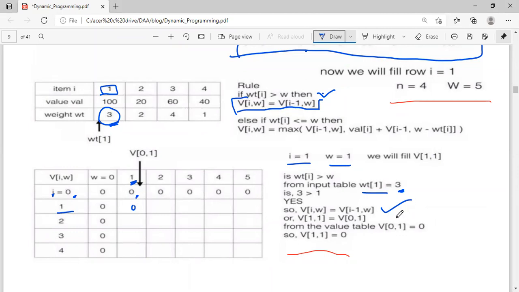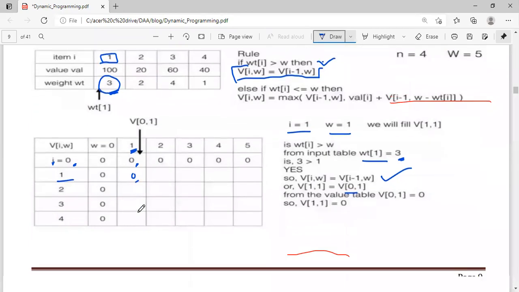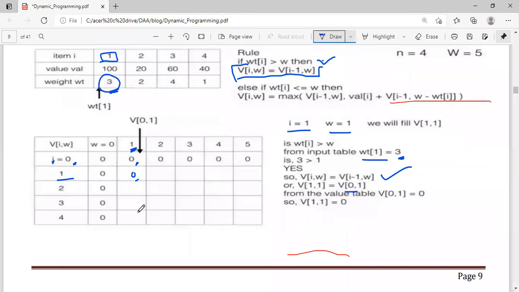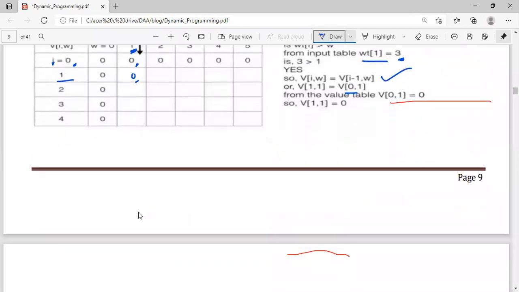So V of 1 comma 1 is equal to 0. We added 0 here. I hope you understand. When we go next, you will understand easily.